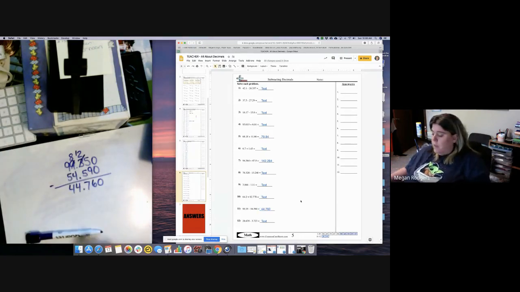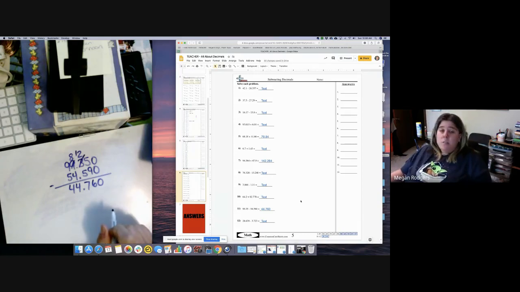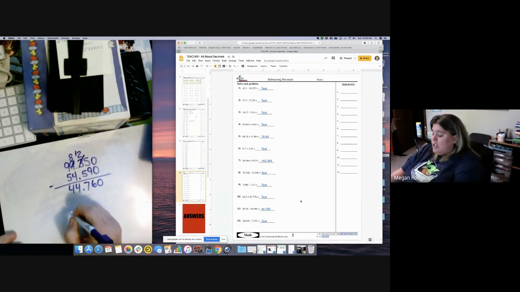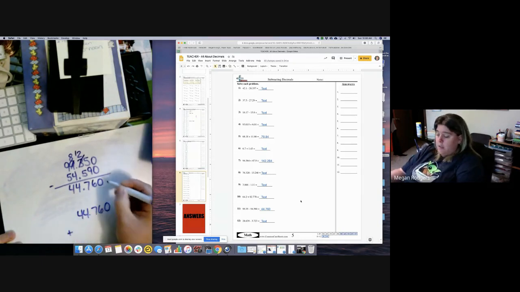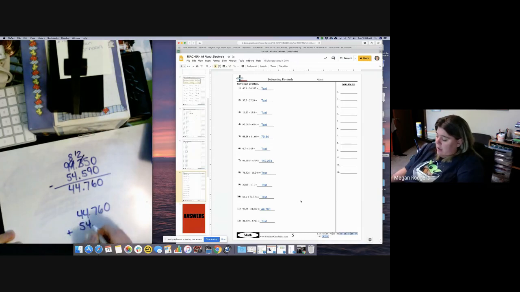And just like with any other subtraction, you can always check your answer by adding. So I take my difference, add, technically it's called the subtrahend, but nobody uses that.